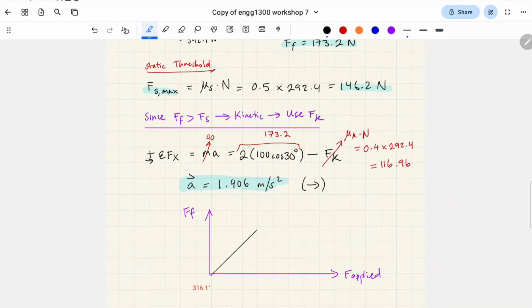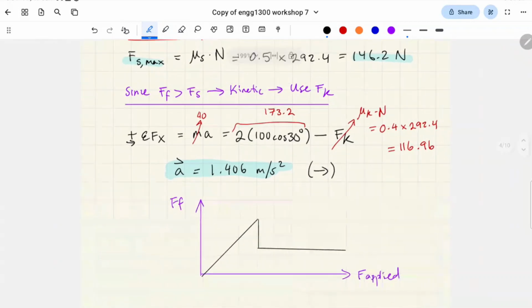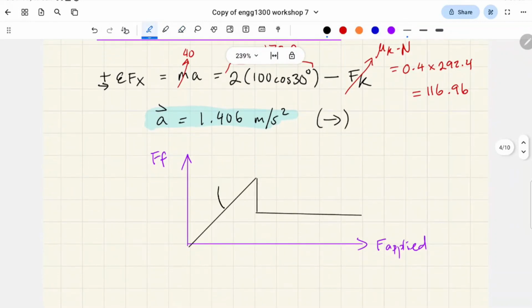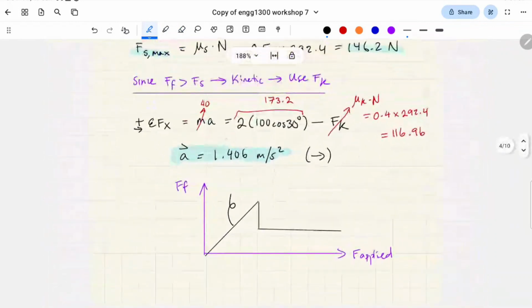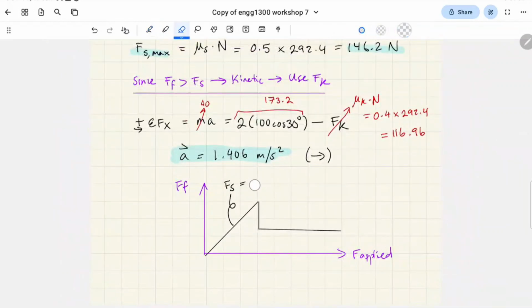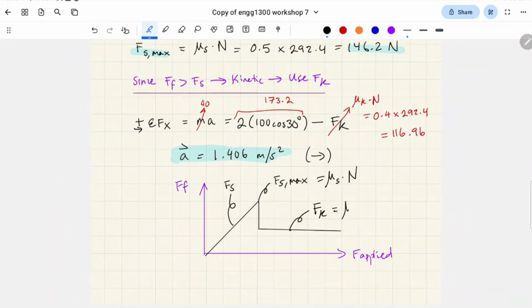It looks something like this. As this is going up, use static friction. So you can solve for that. And this one is Fs max, which is this. And this one is Fk, which is this.